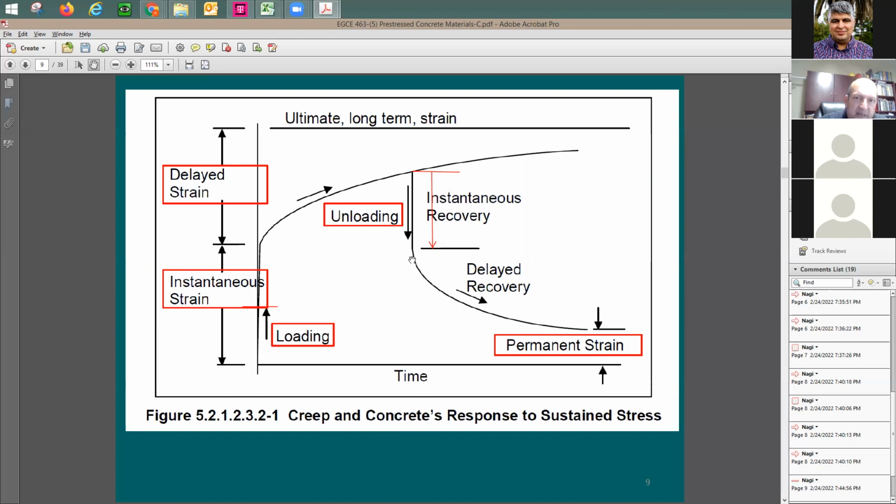Now, once you take it out, it's going to take some time before it gives you back some of the strains. And then at the end, after a certain amount of time, you're going to have this strain, which is going to be locked in within the concrete member itself. We call this the permanent strain. Does it make sense?